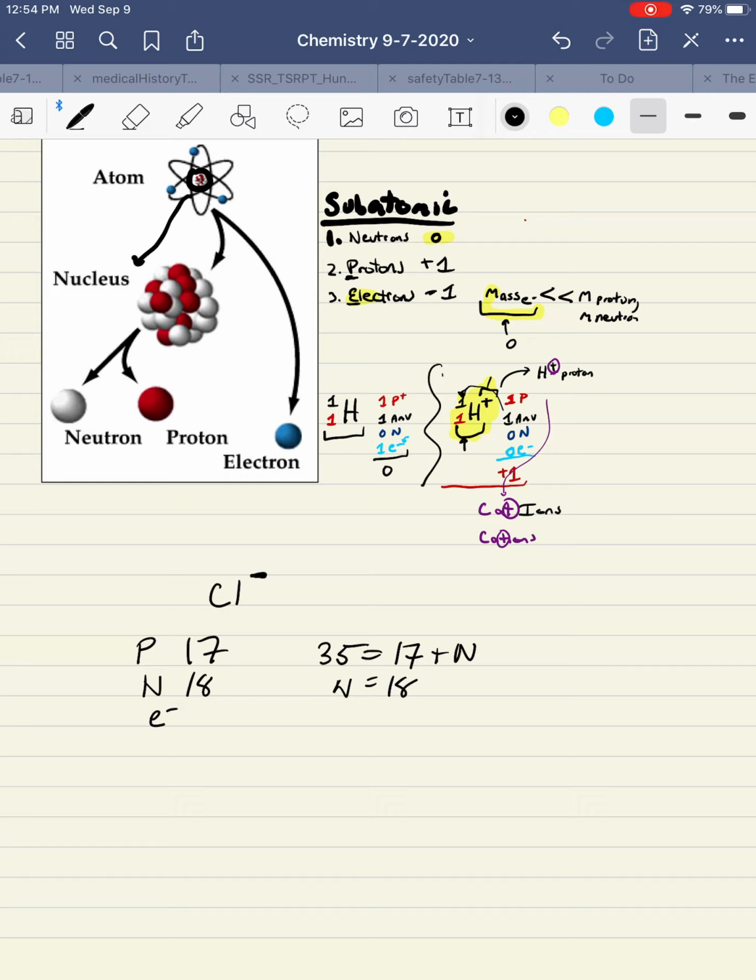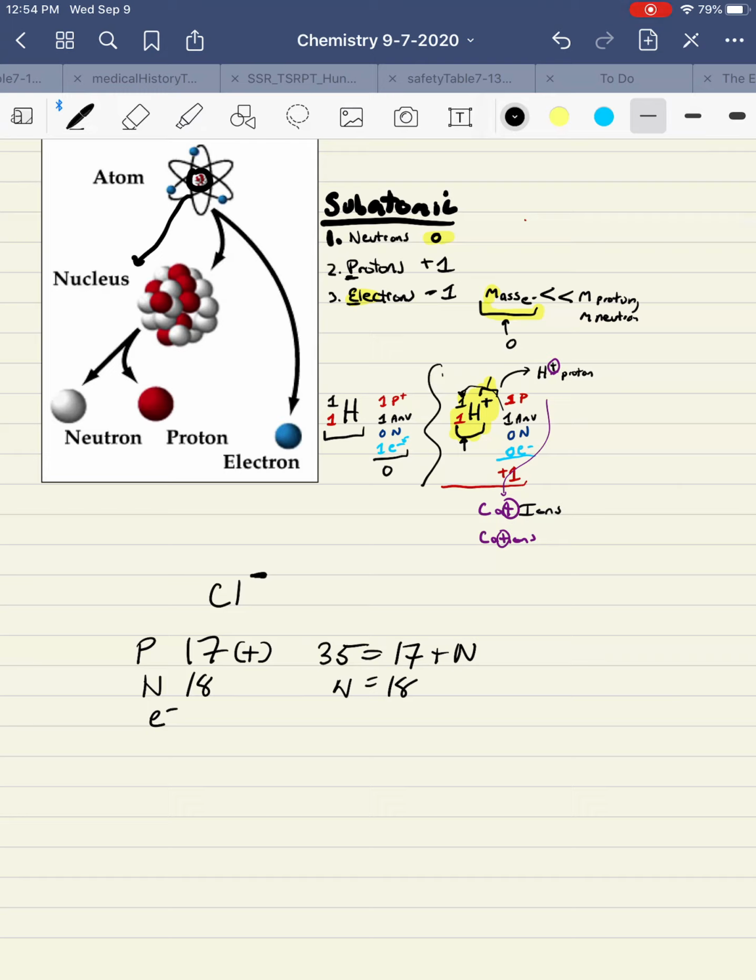And how many electrons do you think we have? Well, a good way to think about this is the net charge. There's 17 positive charges, 17 protons. How do we get a net negative 1 charge? Well, we have to have one more electron than proton to have a net negative 1 charge.